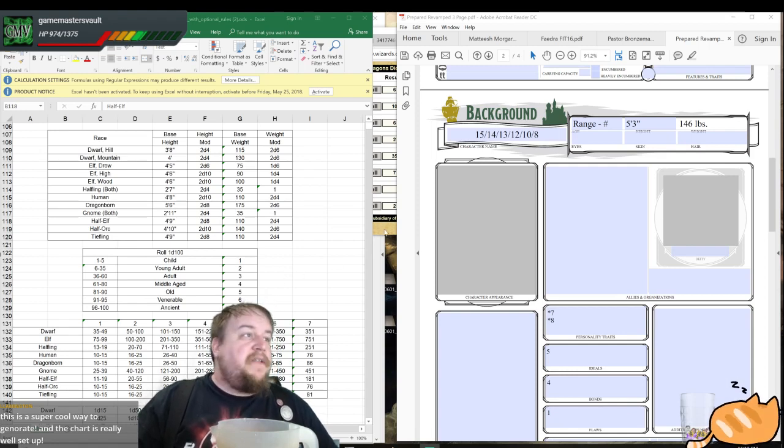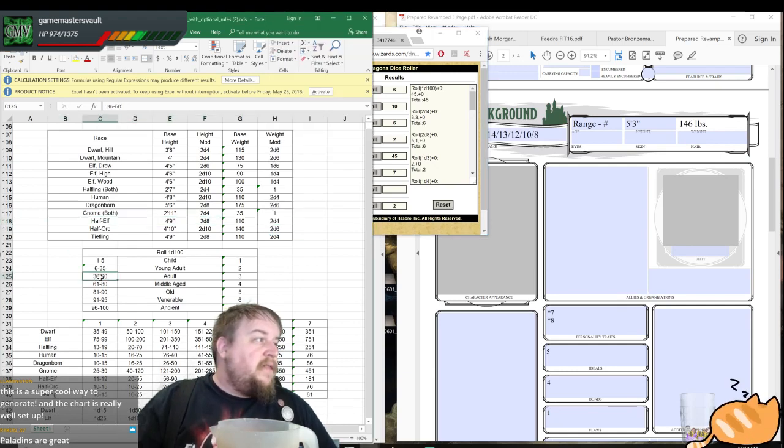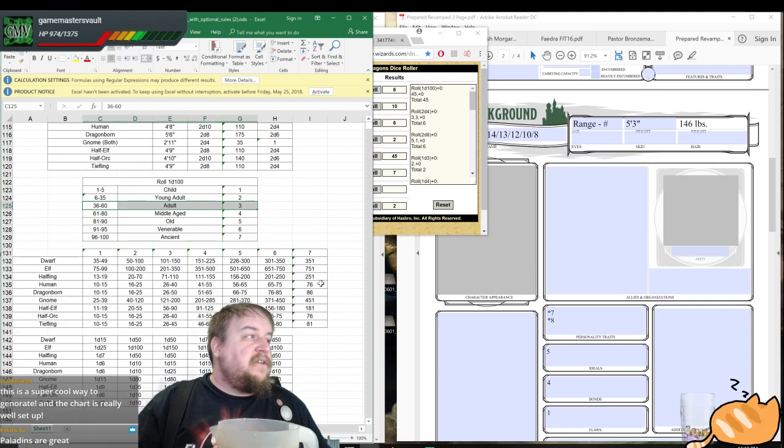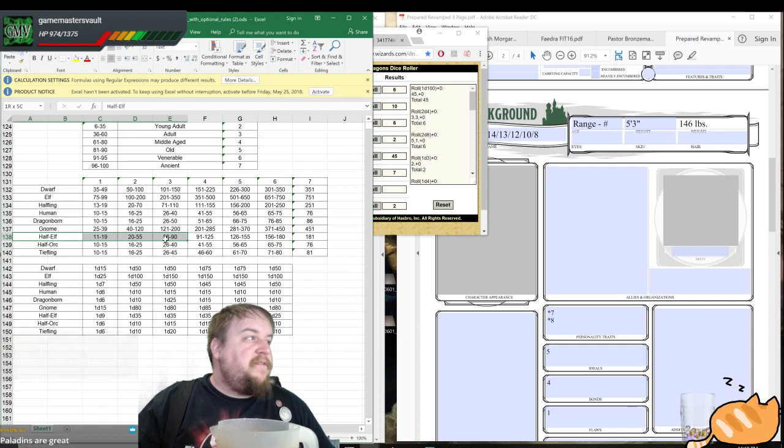All right, last bit of generation. We're going to roll on a distribution curve, 45. That is going to put her as an adult. So here's column 3, adult. We cross-reference it here with half-elf. She's between 56 and 90 years old.